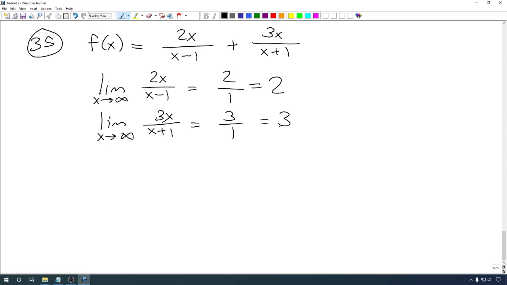And so that limit is 3. That means that if we add these two fractions together, we're going to add their limits together. Basically, here we have a horizontal asymptote of y equals 5, just because 5 is 2 plus 3.